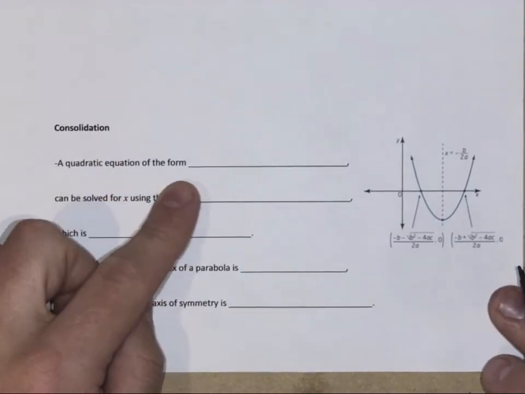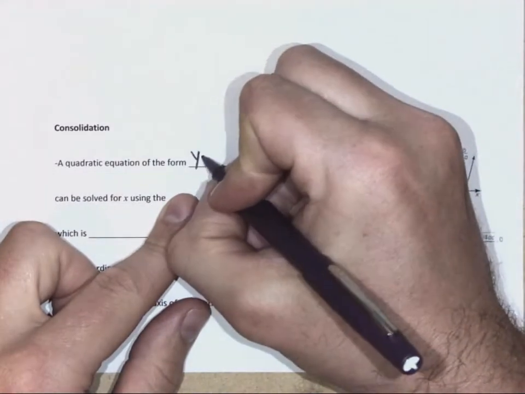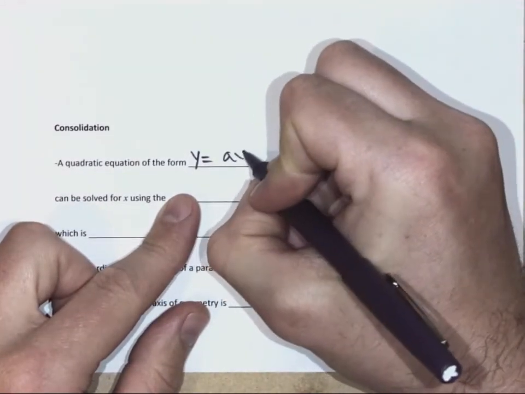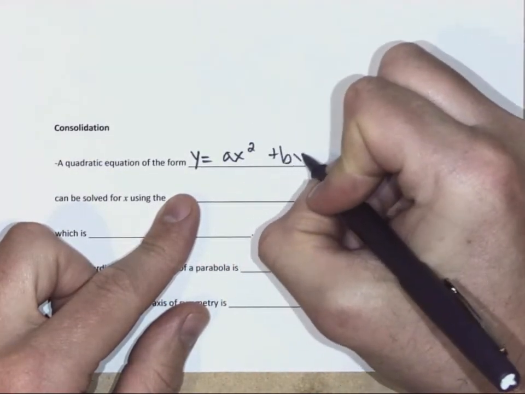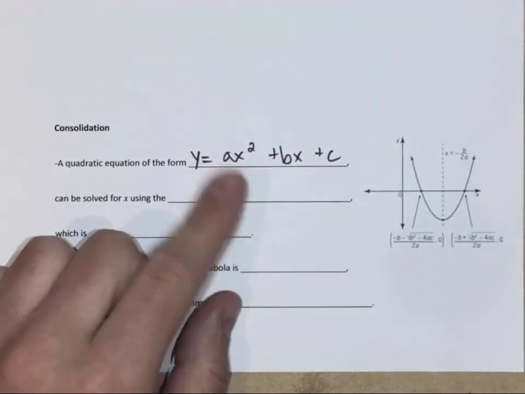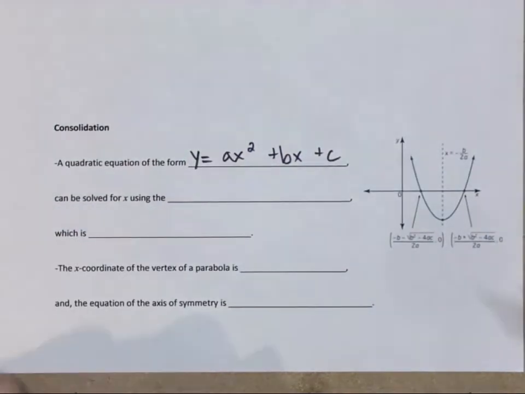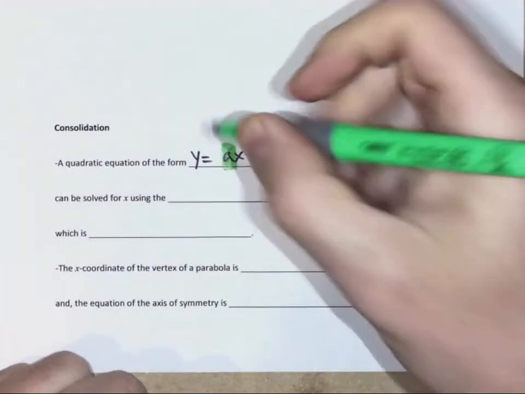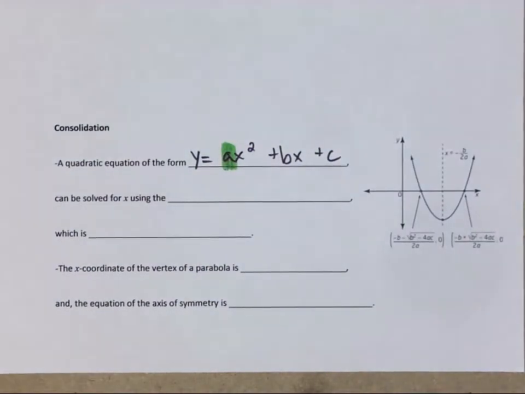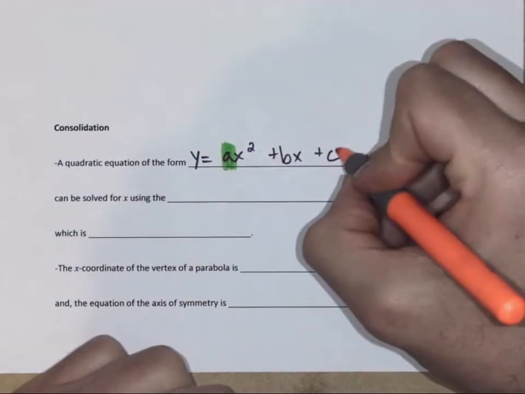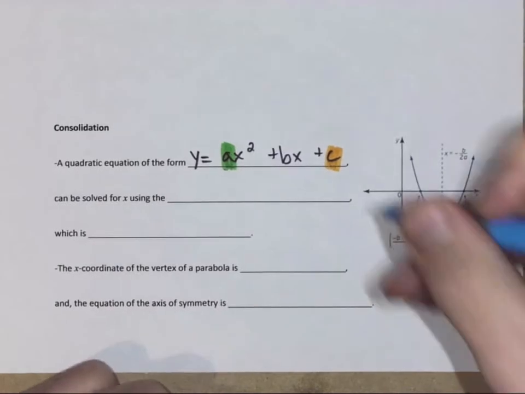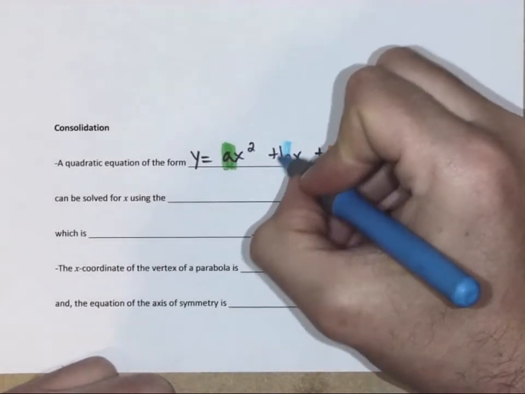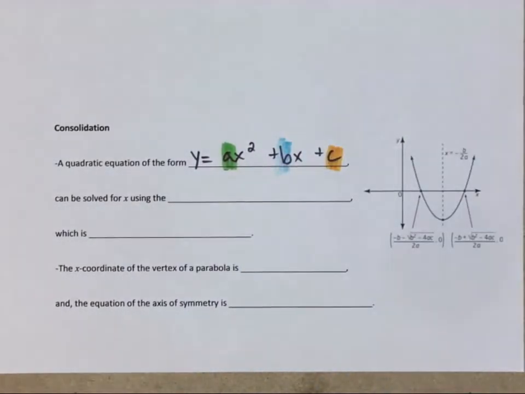A quadratic equation can be written in the form y equals ax squared plus bx plus c, which we know as standard form. Our a value tells us the direction of opening, our c value was our y-intercept, and our b value didn't have as much importance until we started thinking about completing the square.